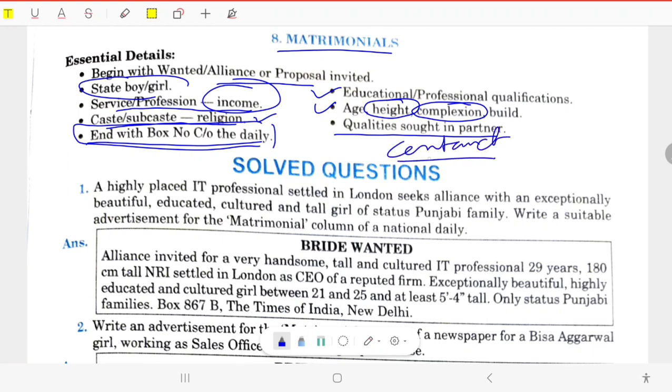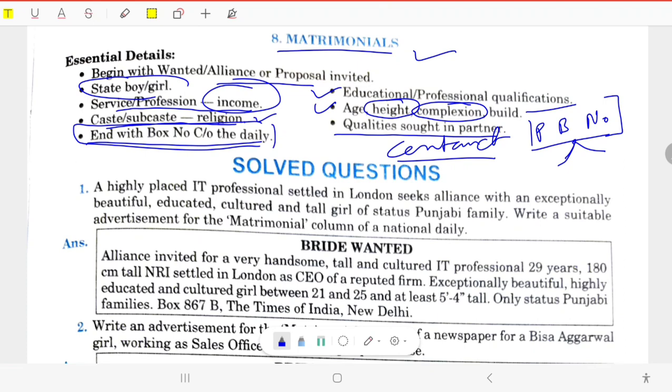Instead of that, we prefer to give a PB number, means post box number. This is a facility which is provided by the newspaper, that in case the person doesn't want to reveal his or her identity, they may provide this facility. At this place, the answers will be received and further they will be delivered to the party.